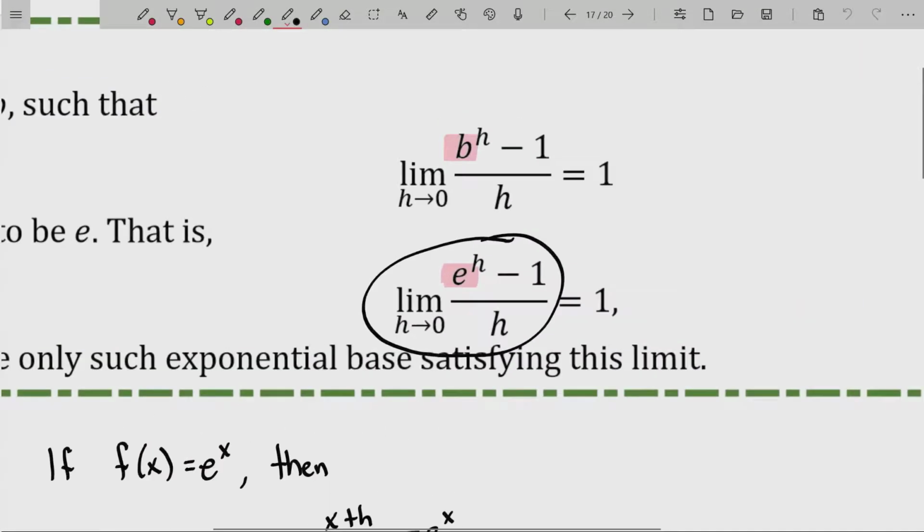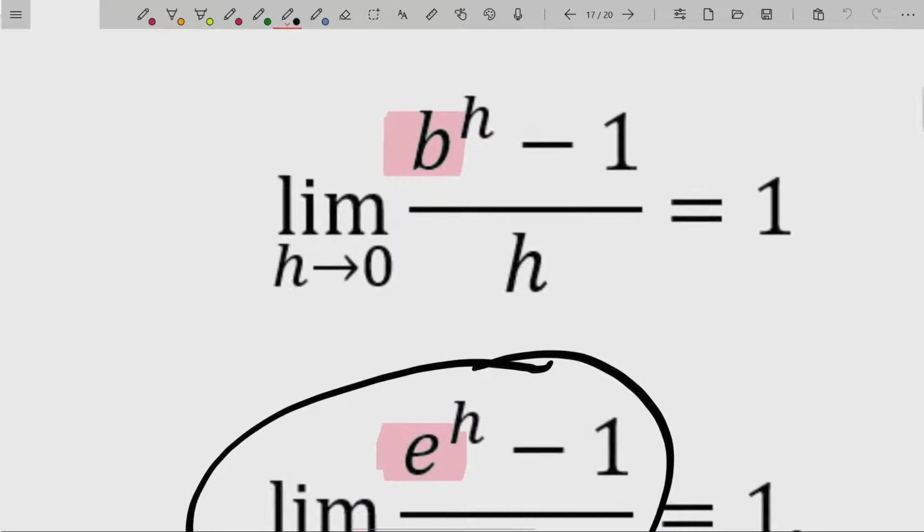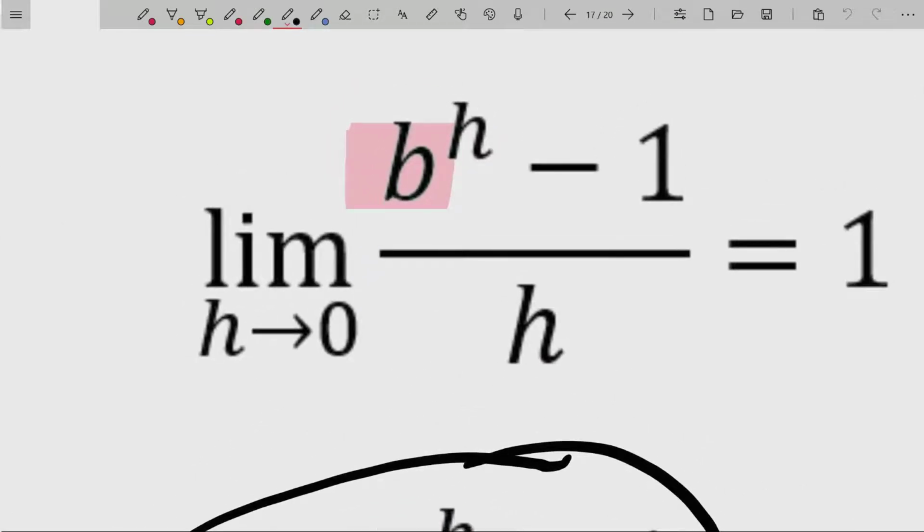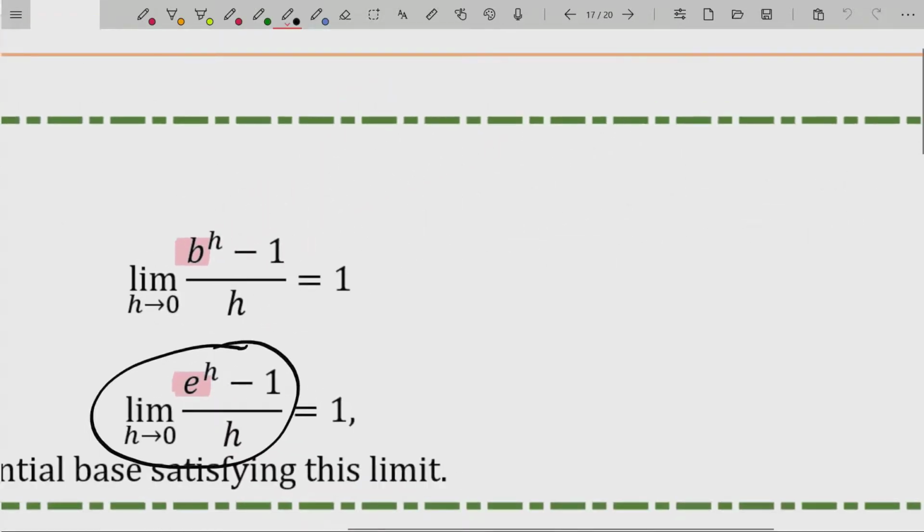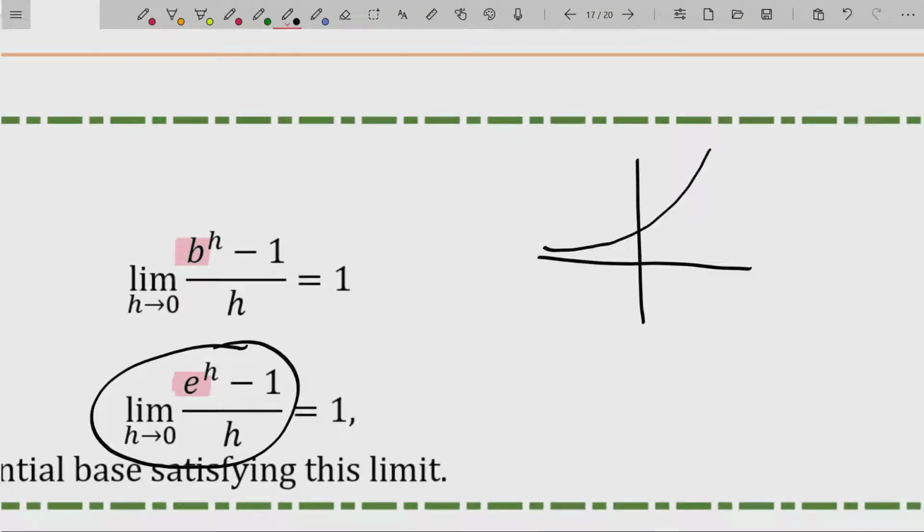It's that we know there is an exponential base. Even graphically, if you graph an exponential function, it doesn't matter which exponential function it is, all these exponential functions have some slope at x equals 0.